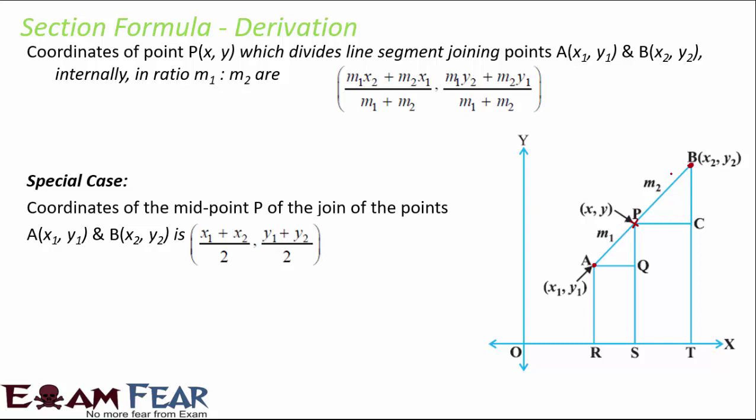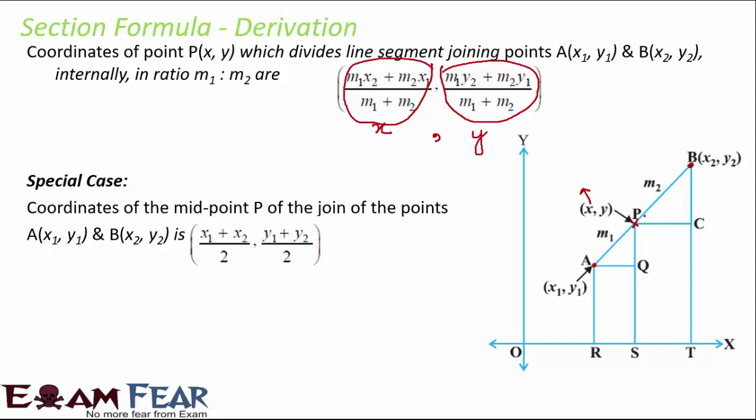As you can very clearly see in the picture, the coordinates of this point P will be m1 x2 plus m2 x1 divided by m1 plus m2, comma, m1 y2 plus m2 y1 divided by m1 plus m2. That is, this will give us the value of x and this will give us the value of y. And that's how we get the coordinates of this point P.